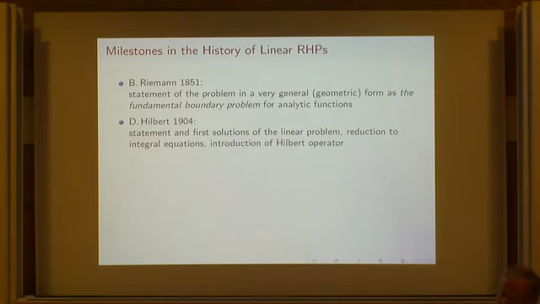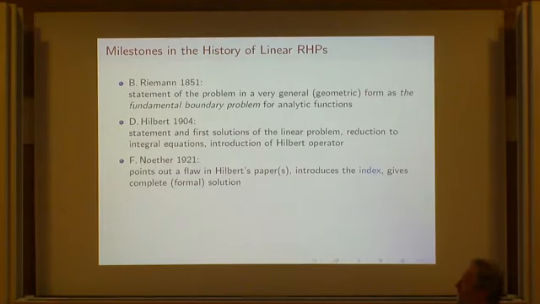But there is a well-known error in Hilbert's paper, namely he made a mistake which led him to miss the index. So Hilbert did not discover that the solvability of the problem depends significantly on the index, the winding number of this function.